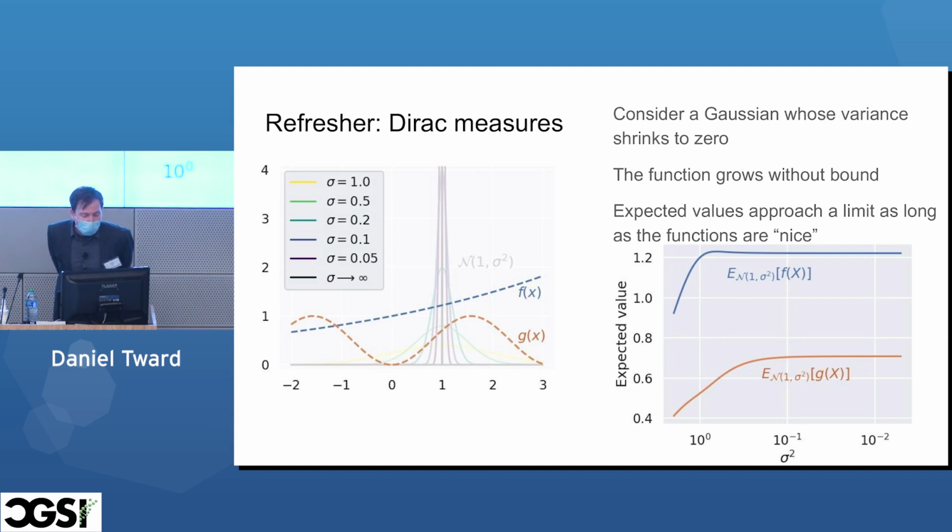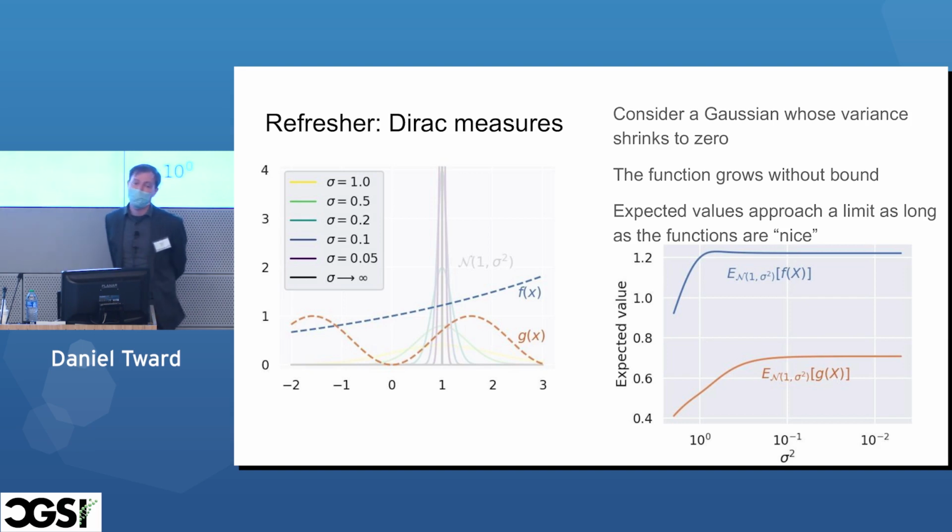So while these infinitely thin Gaussian distributions, which are called Dirac measures, are not well defined in the sense of functions, they are well defined in the sense of how they act on things in order to give expected values. That being said, this operation is only well defined as long as the functions that they act on are nice.